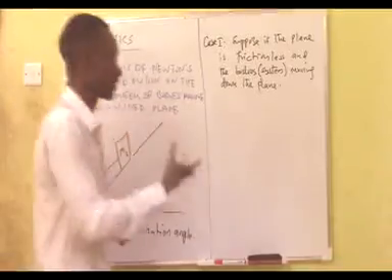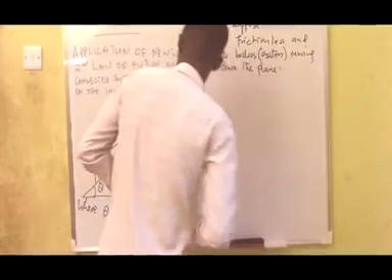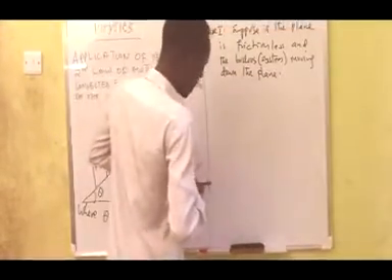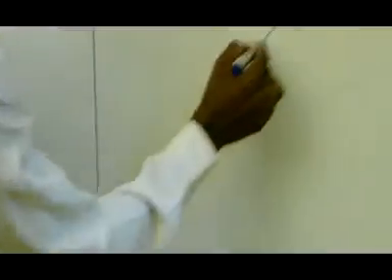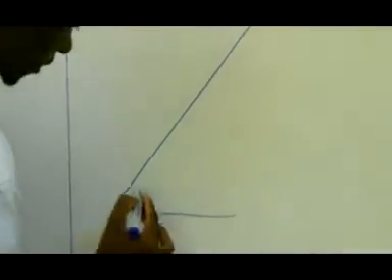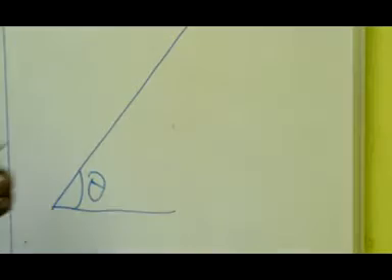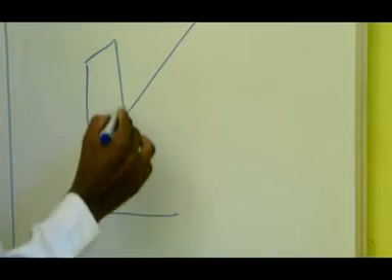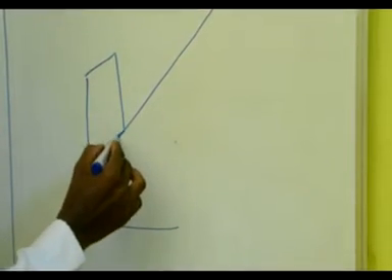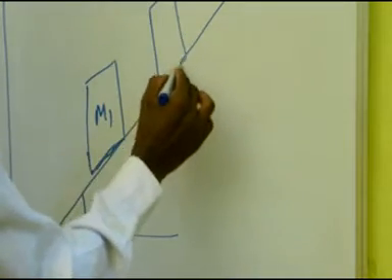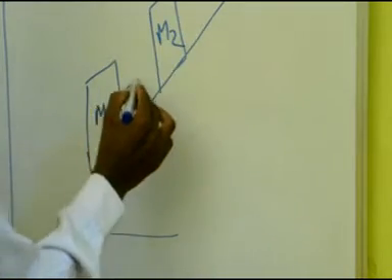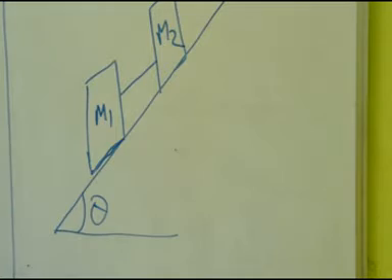We analyze the forces acting on these two masses. Our plane is inclined at an angle theta. The angle of inclination is theta, and the masses are M1 and M2 connected by a string.